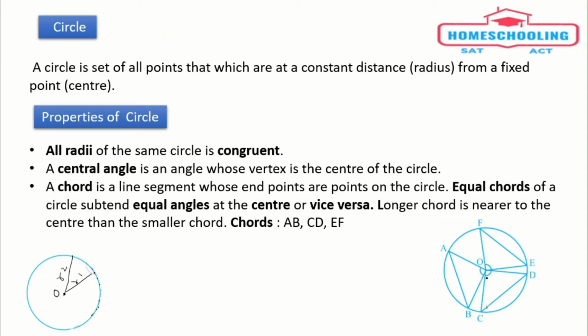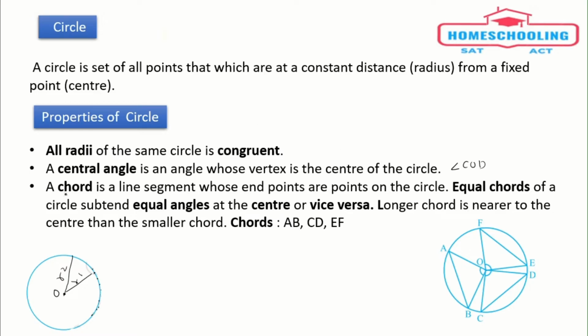So let's say this angle extended from the center, like angle COD. Angle COD is called a central angle. Any angle that is subtended from the center of a circle is called a central angle. The central angles would be angle AOB, angle COD, angle FOE. So these three angles would be central angles.